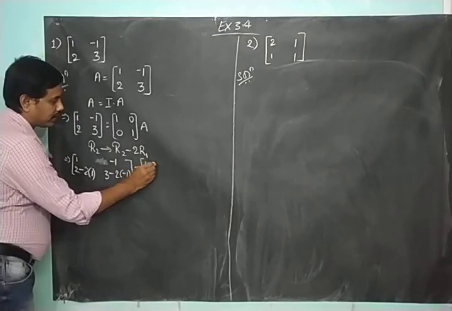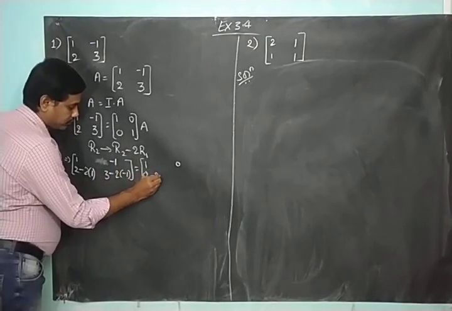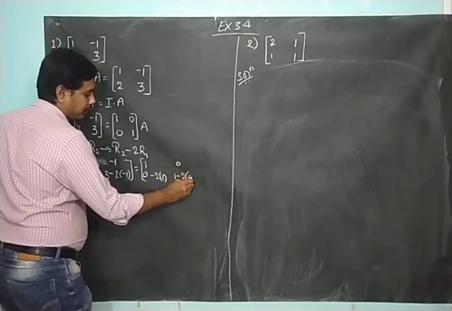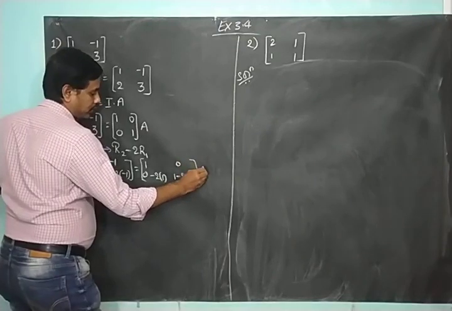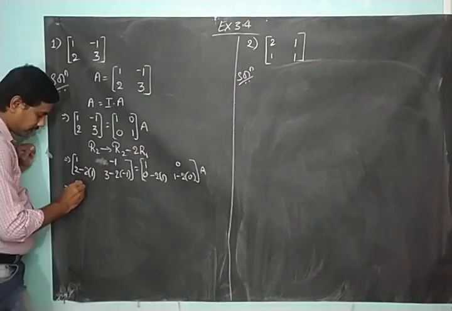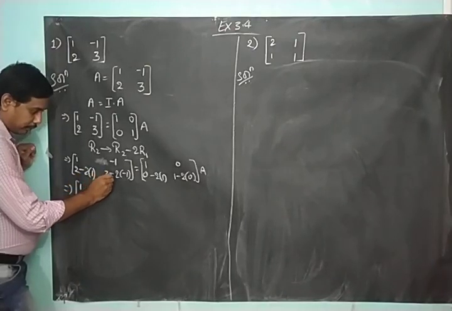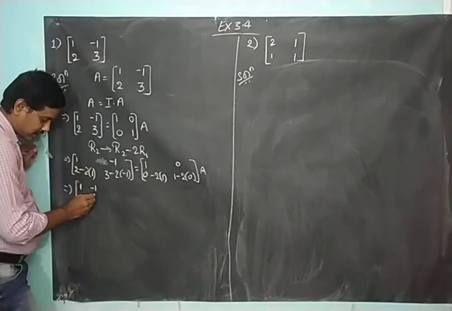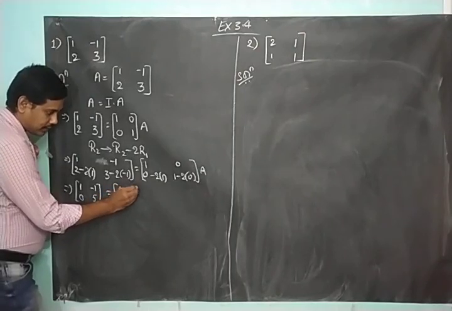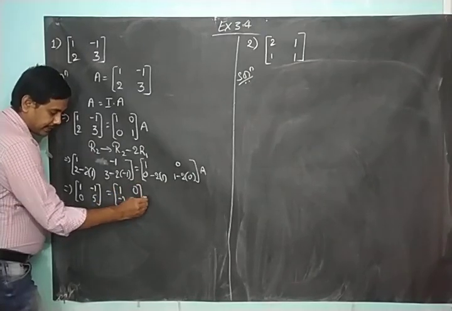On the right side, 1, 0 as it is, then 0 minus 2 times R1, that is minus 2, and 1 minus 2 times 0, that is 1, into A. So we get 1, minus 1, then 2 minus 2 is 0, and minus of minus is plus, so 3 plus 2 is 5, equal to 1, 0, minus 2, 1 into A.